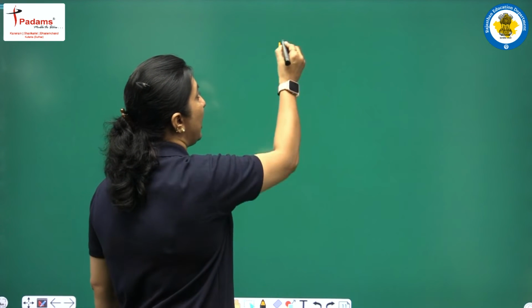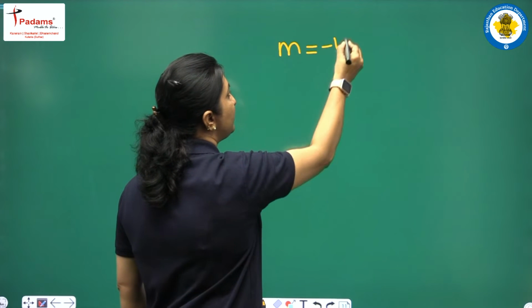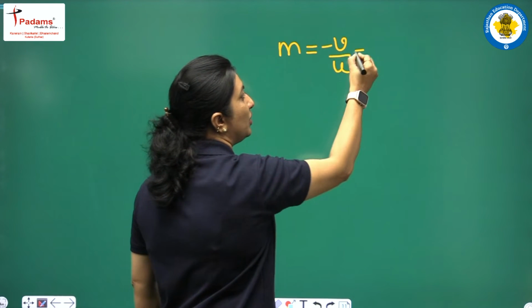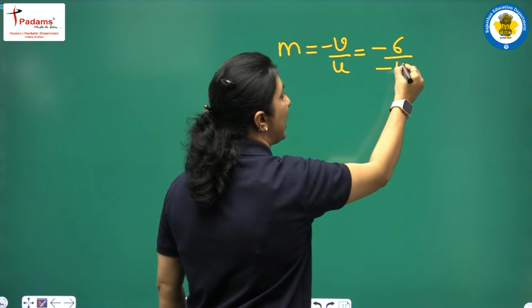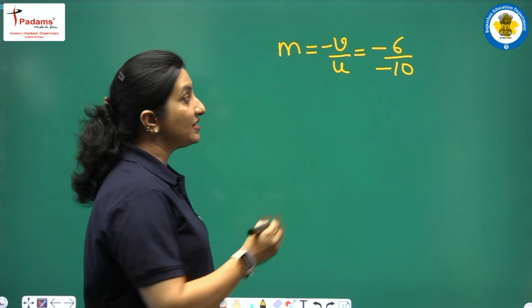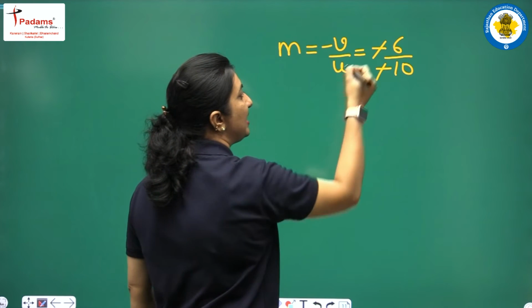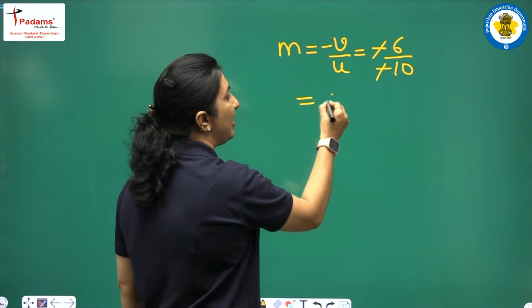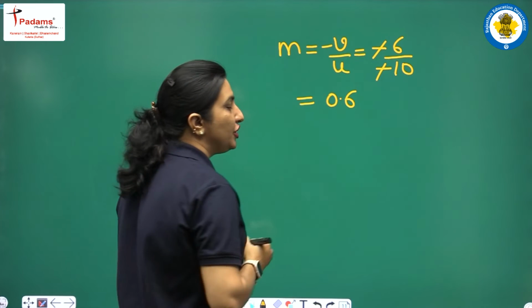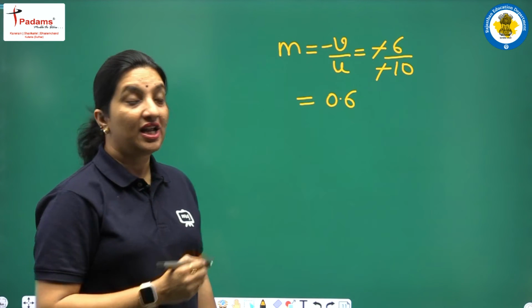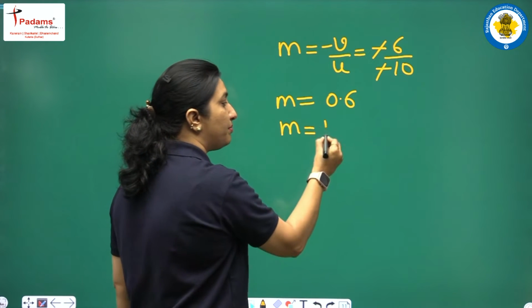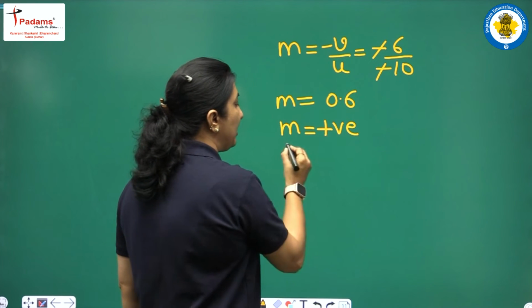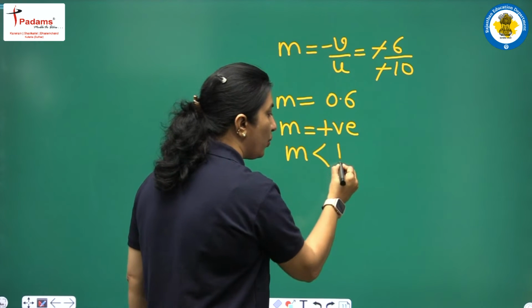So M is minus V upon U. So V is 6 centimeters and U is given as 10 centimeters. On solving this, the negative sign will go with the negative sign and we get a value of 0.6.